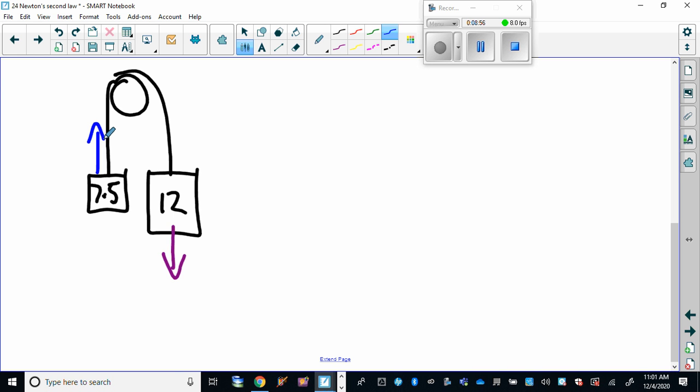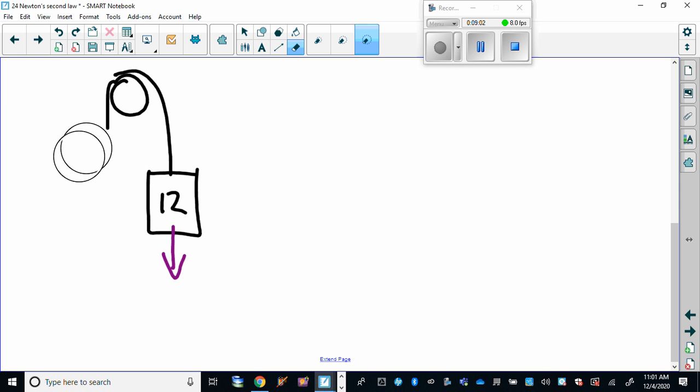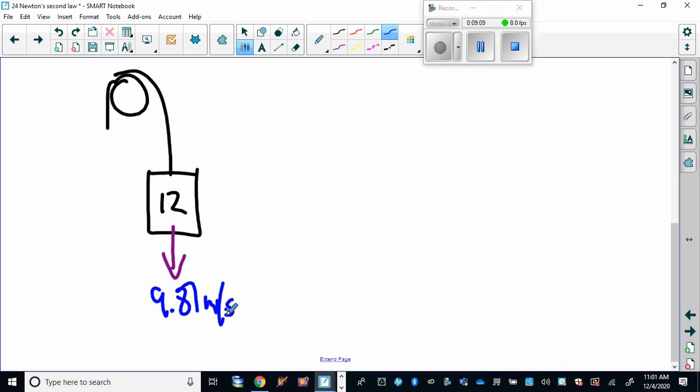Again, let's just talk about it and think about it before we solve the problem. So if there was no 7.5, if there was nothing on the end, what would the acceleration of this be? Well, obviously it would be 9.81 meters per second squared. But there is a mass. So what is the mass on the other side? What's it going to do?